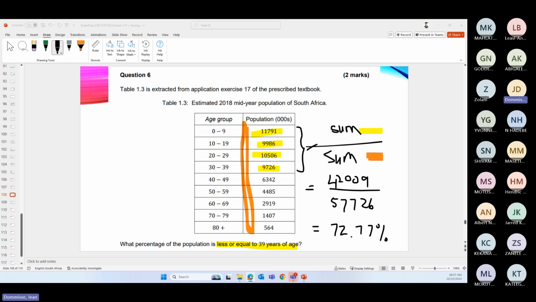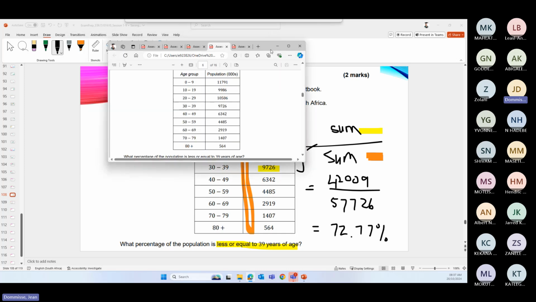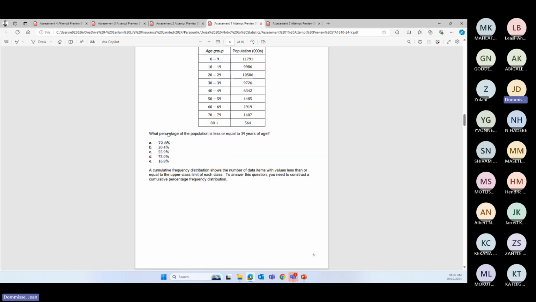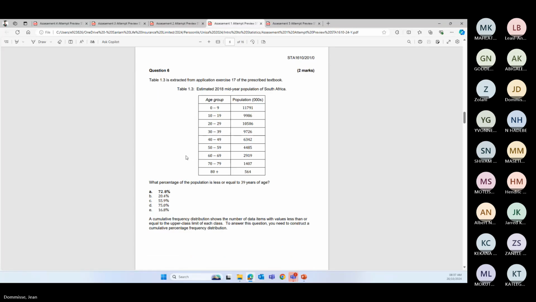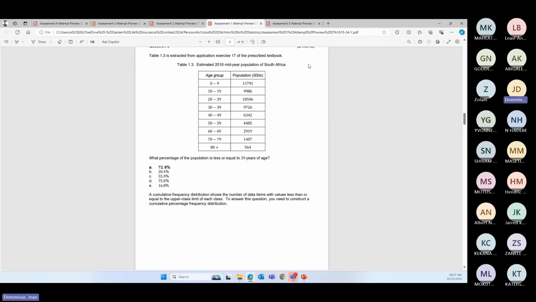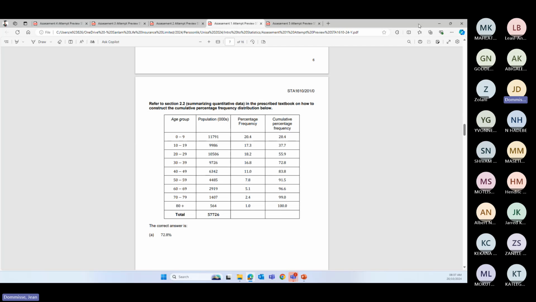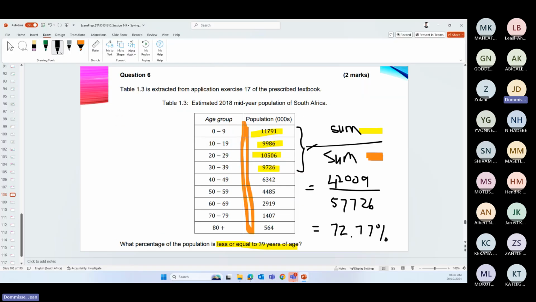Let me quickly share the screen with you, but we can again share in any case afterwards. How we got to that first component is basically just the sum of the ones in yellow: 11791 plus 9986 plus 10506 plus 9726.